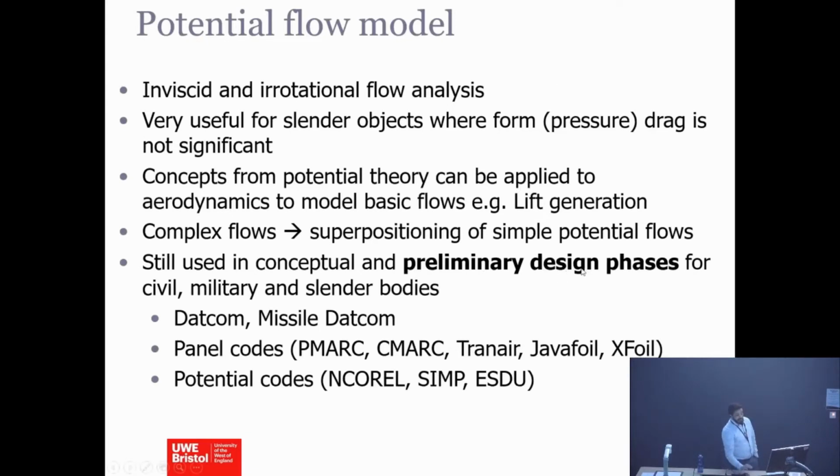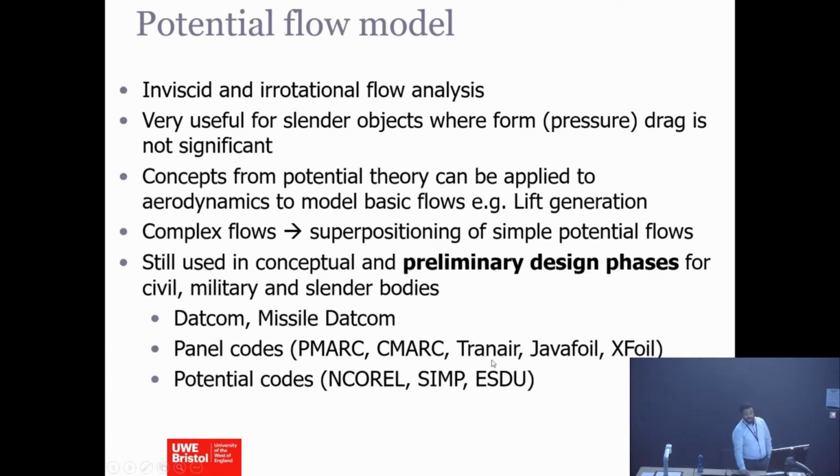And actually, people still use it, believe it or not, nowadays. Even big names like Boeing still use a lot of potential flow methods and panel codes. Over the years, of course, you would expect they have developed a lot of codes, whether commercial or military. We've got, for example, the DATCOM, that's a code. Missile DATCOM, of course, for missiles.